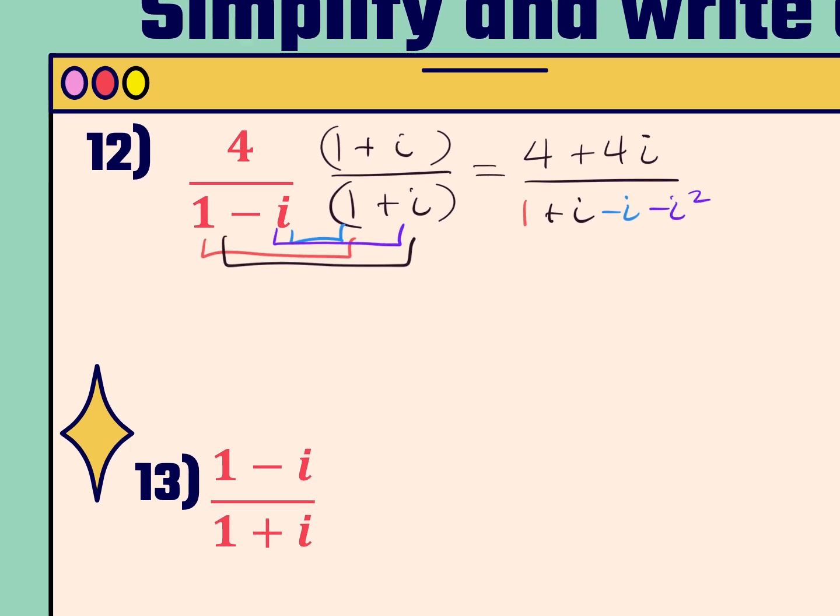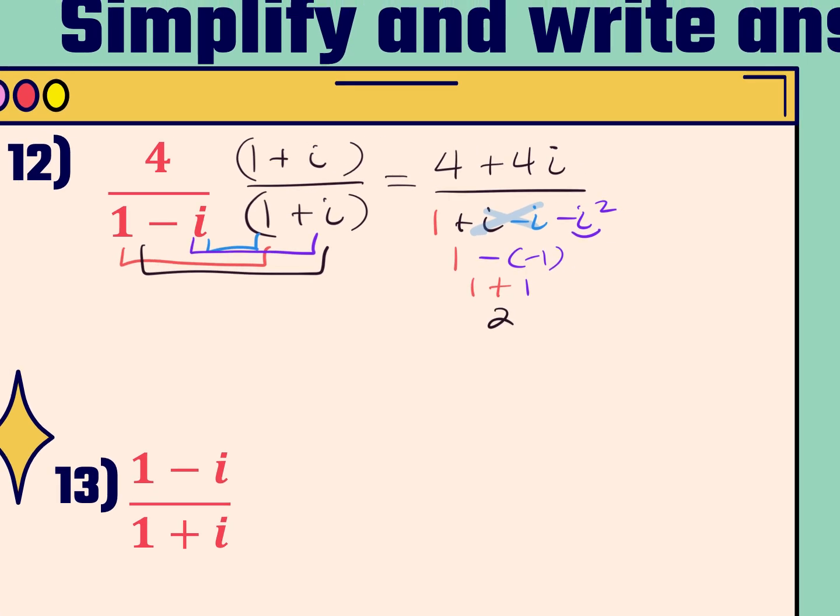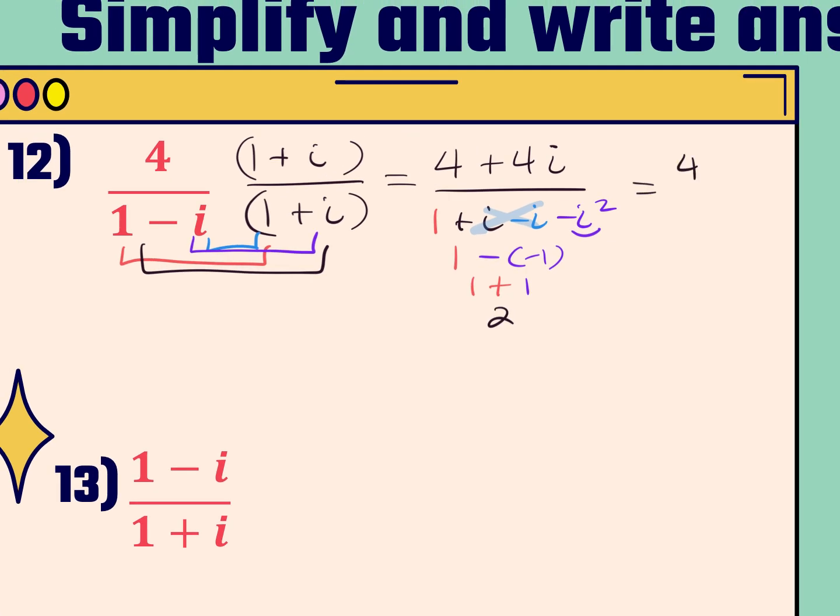So notice the middles. When you combine the outer and the inner, it cancels. And then now I have 1 minus, and then replace the I squared with negative 1, which turns into 1 plus 1. So my denominator is 2. So the numerator is the 4 plus 4i, and then the denominator is 2.